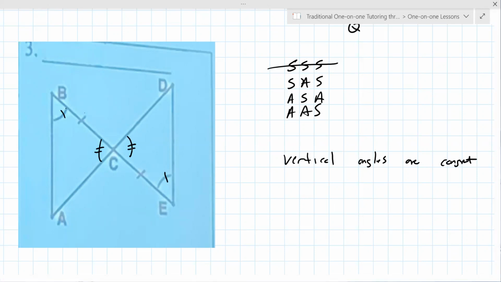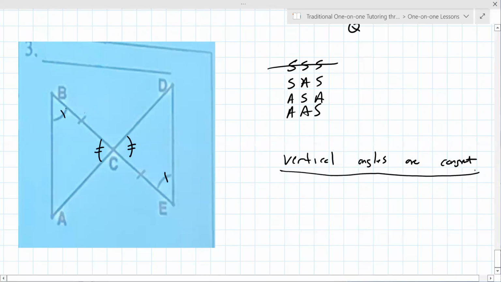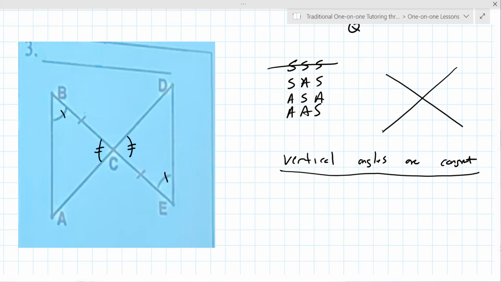Because they are the two same shapes hitting each other. No, they're vertical angles. Oh, right. I was thinking vertical for like up and down for some reason. So vertical angles are wherever two line segments come together like that, and your vertical angles are congruent.